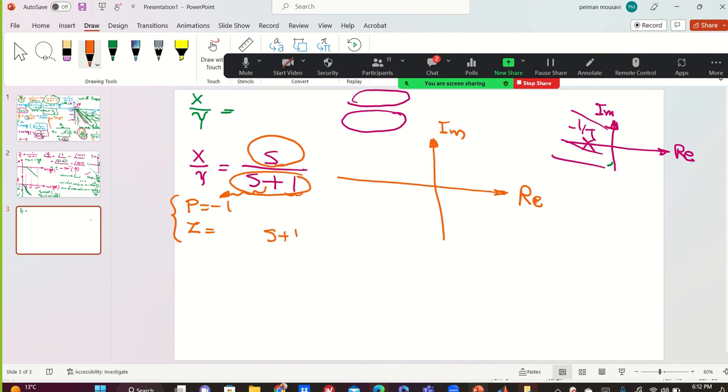S plus 1 is 0, so S is -1. So p is -1. Now what is the zero? At where, sir? 0, because s is 0. So your system has a zero at the origin that we show with this circle, and a pole at -1 for this system.